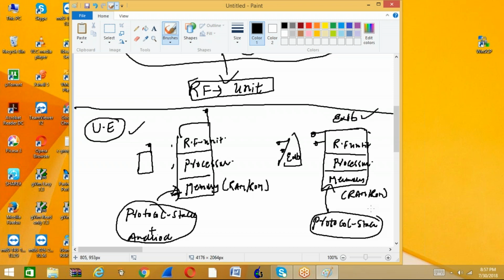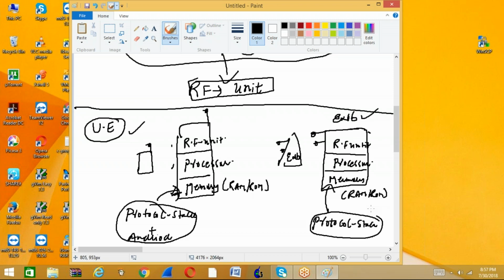Now, if you say that you're working on the base station side, you should know the memory size of the base station. If you say that I'm working on the base station, you should know the memory size of your eNode B. I'll tell you.